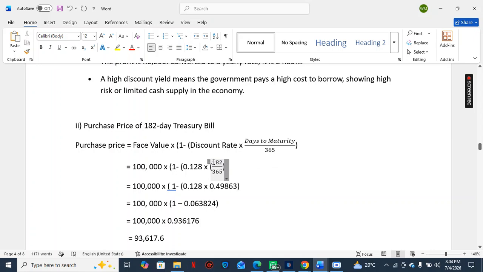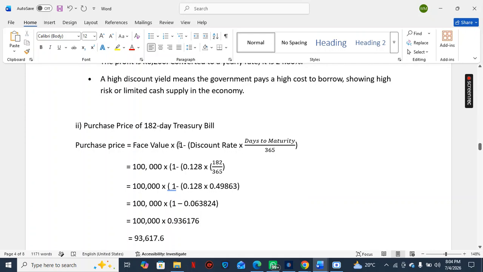So 182 divided by 365, you get 0.49863. Multiply that by 0.128, you get 0.063824. 1 minus 0.063824, you get 0.936176.